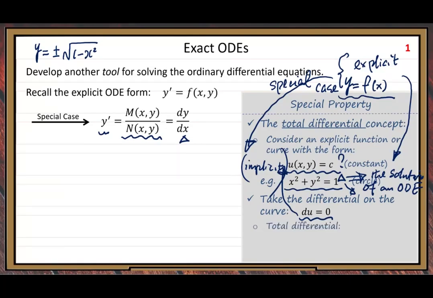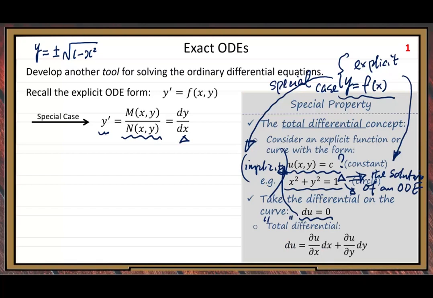But what is that total differential? This time I need to explain the total differential concept. Why do we have this special word, total?